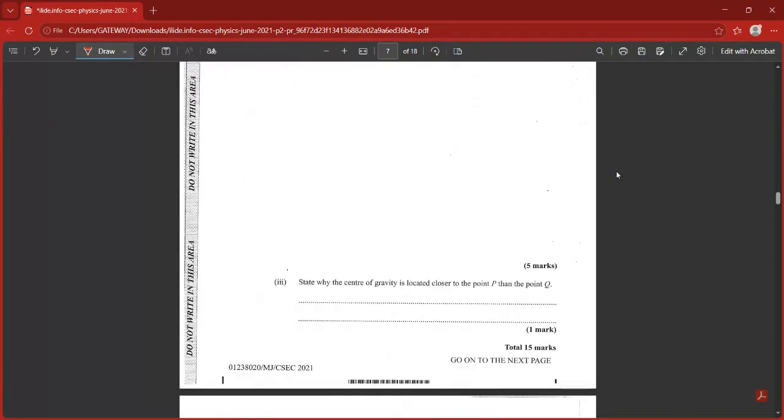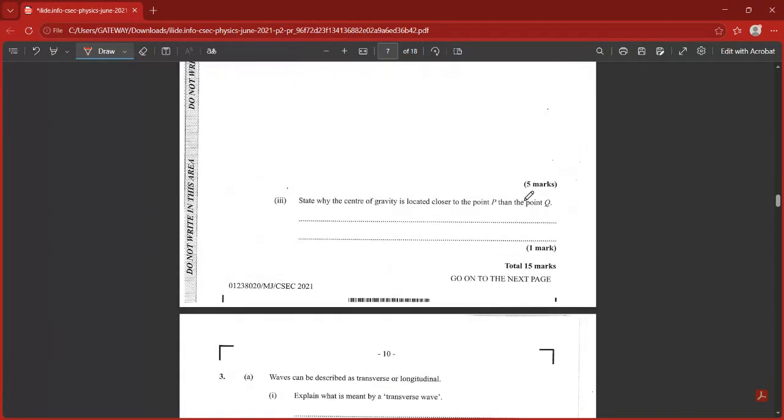The last part is to state why the center of gravity is located closer to the point P than the point Q. So I'm going to put the explanation here now.